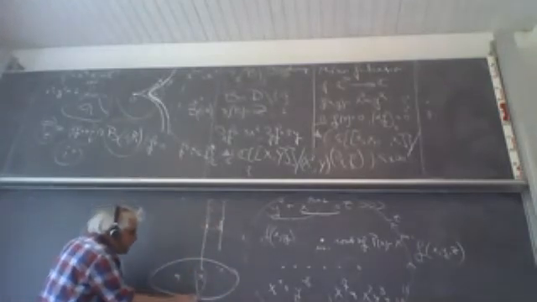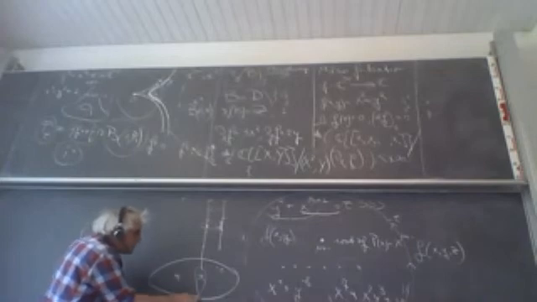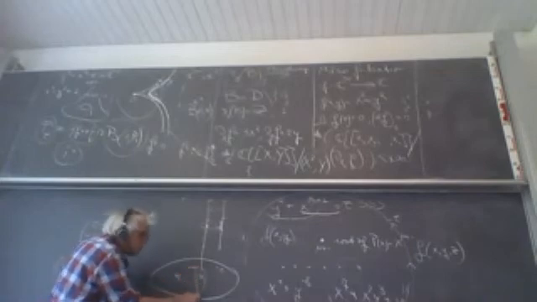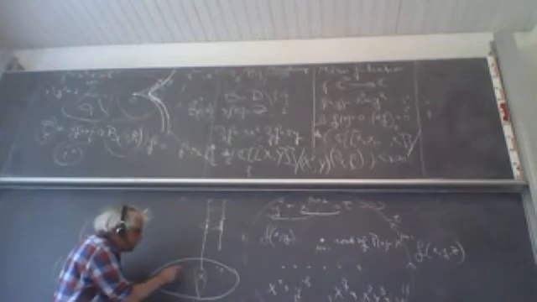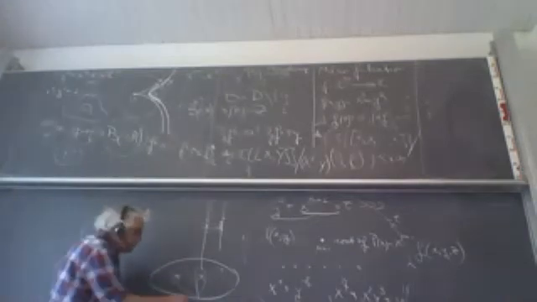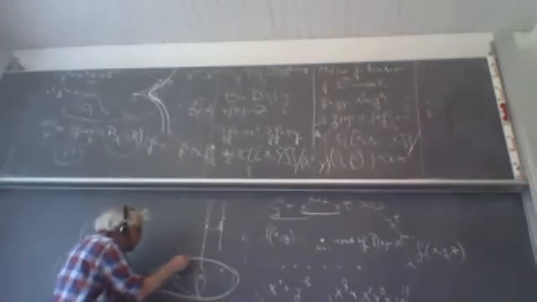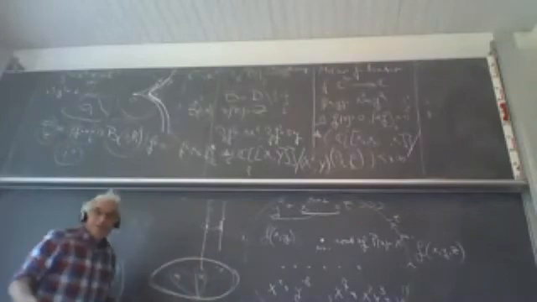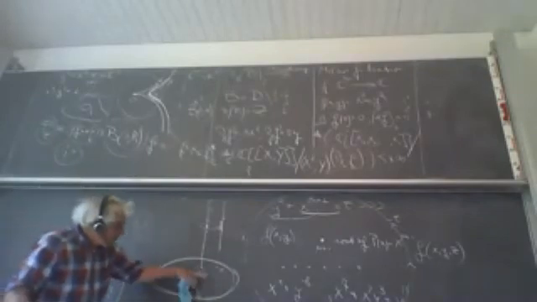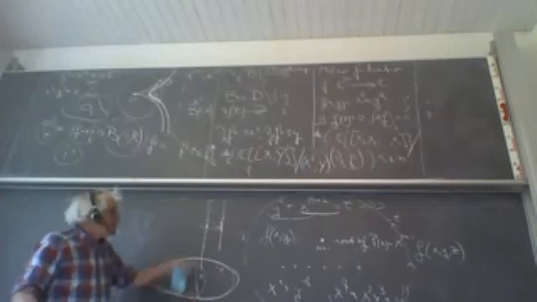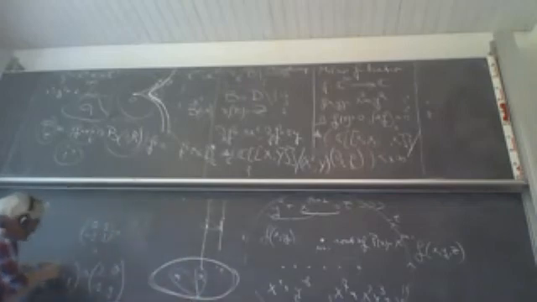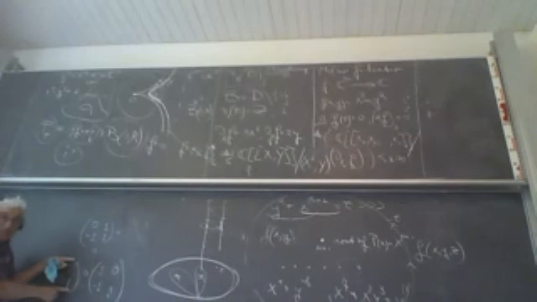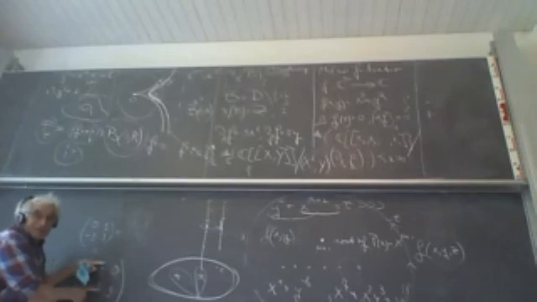And if we have a family with two critical values, then you can go around one critical value and then around the second critical value. The total monodromy is to go around both critical values at once. So the first matrix has an identity part and something extra, and the second matrix also has an identity part and something extra.